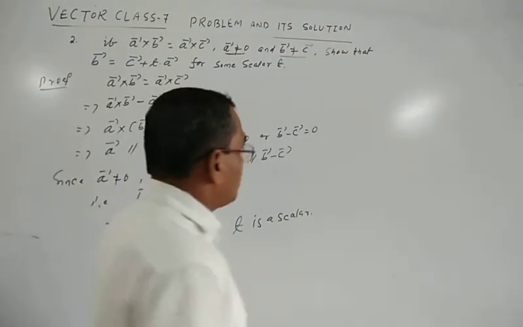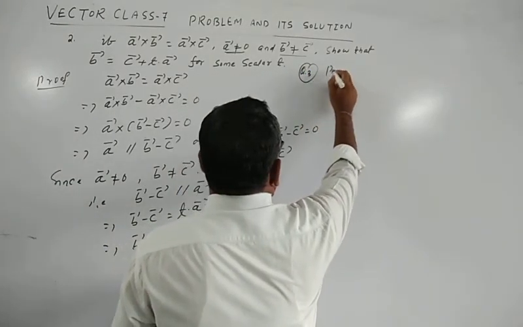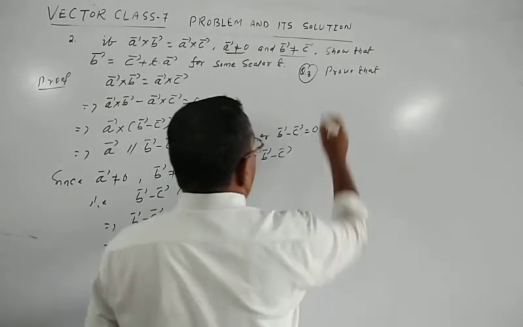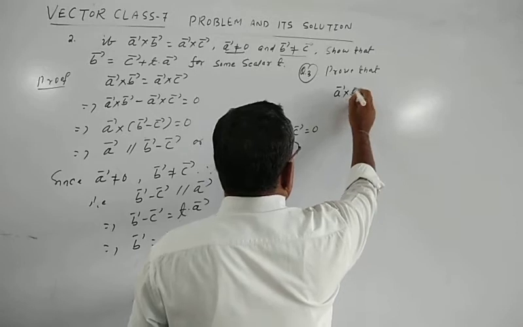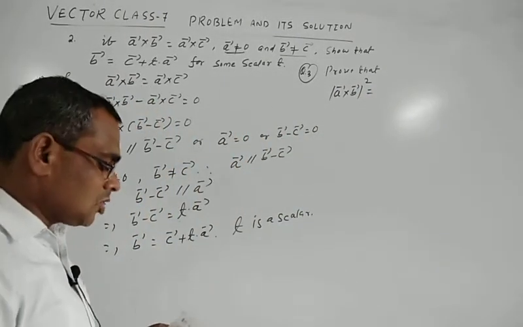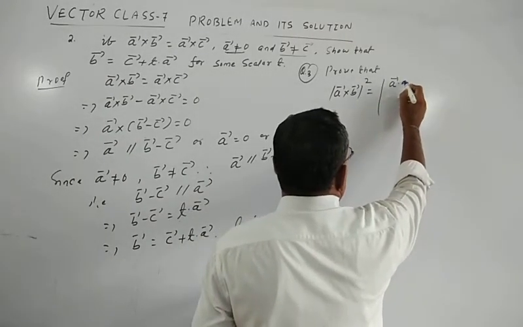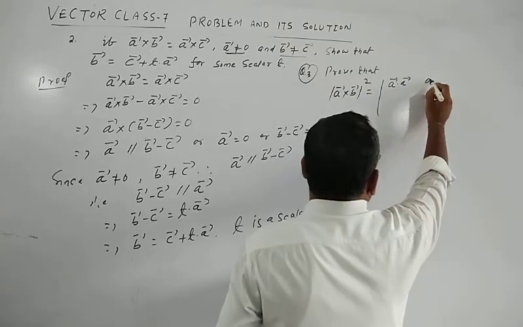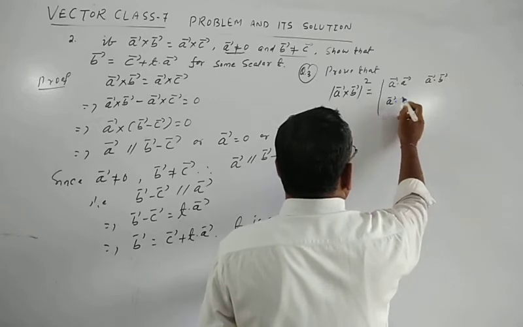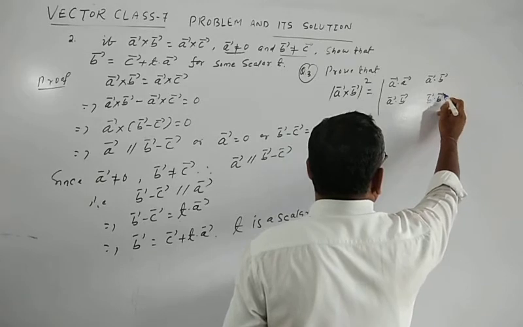Next question, number 3. Prove that the magnitude square of A vector cross B vector is equal to the determinant of A vector dot A vector, A vector dot B vector, A vector dot B vector, and B vector dot B vector.